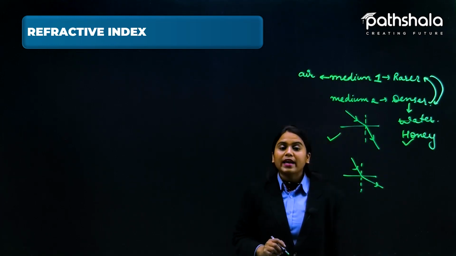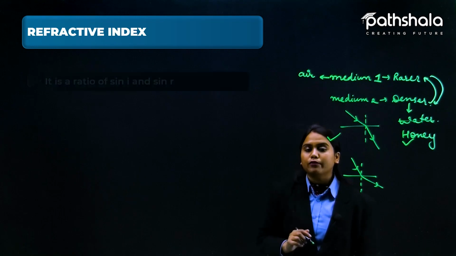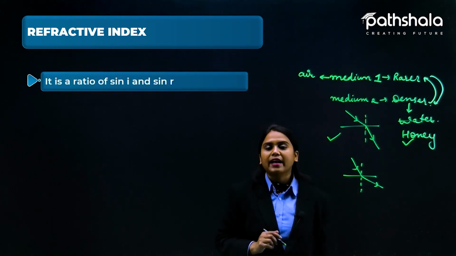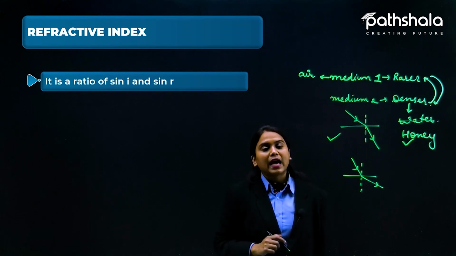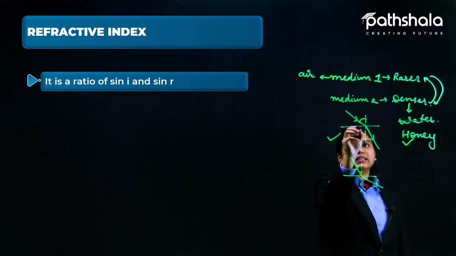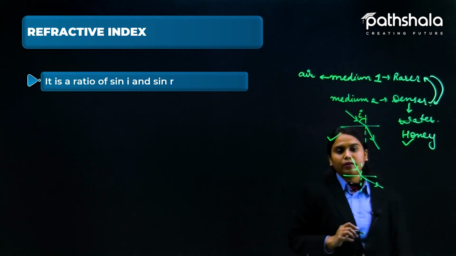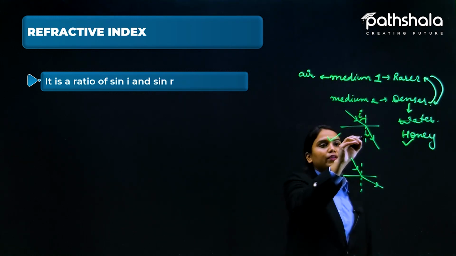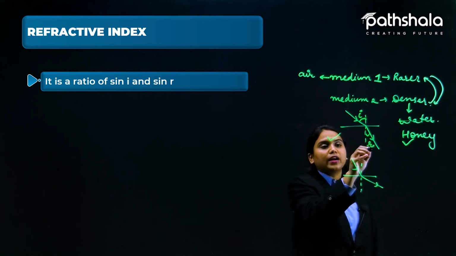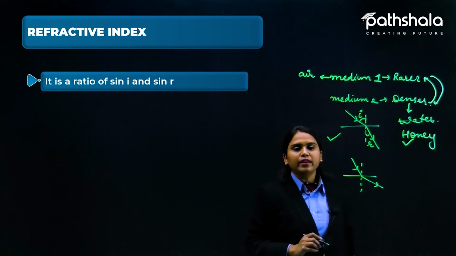So that is why we are introduced to the refractive index, that is the ratio of the sine of angle i and the sine of angle r. You know that angle i is the angle of the incident ray with the normal, and the angle of refraction is the angle between the refracted ray and the normal.